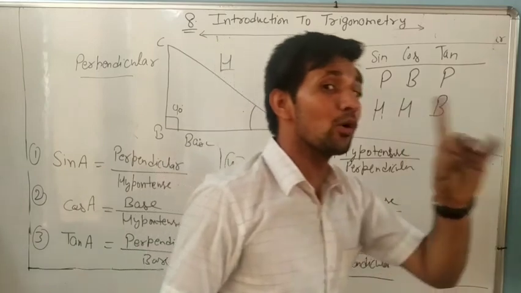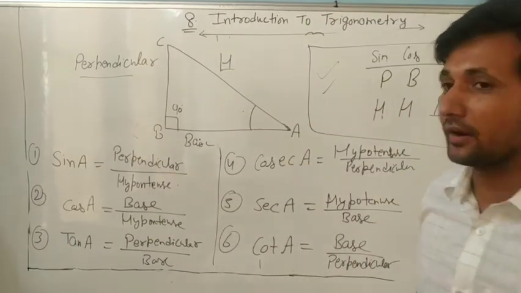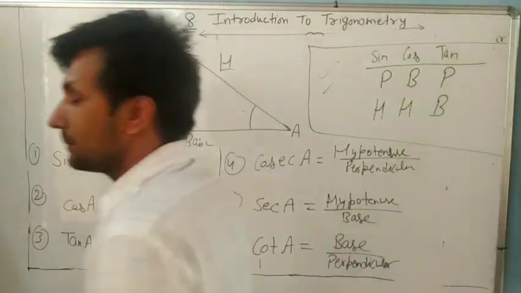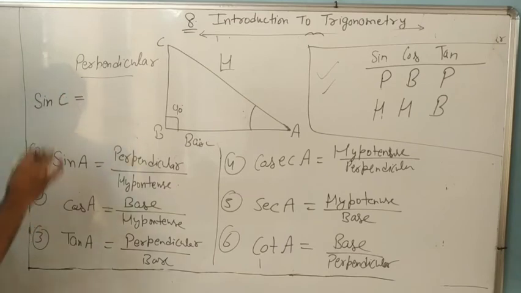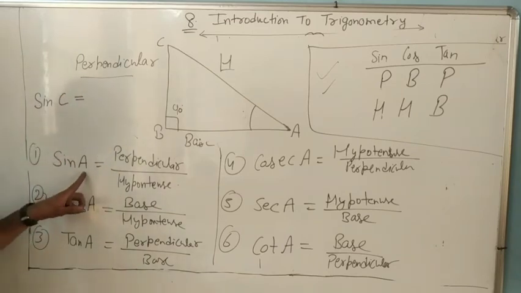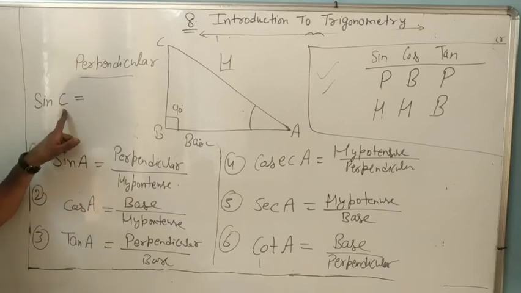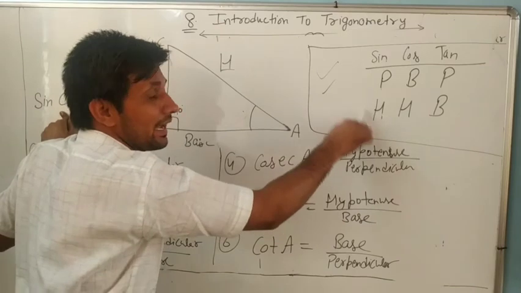And one more thing to always remember. Look only at the last point. If I write sin C, where here we wrote A, which angle are we taking? If I take angle C, sin means perpendicular by hypotenuse.